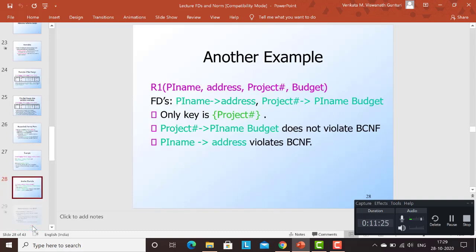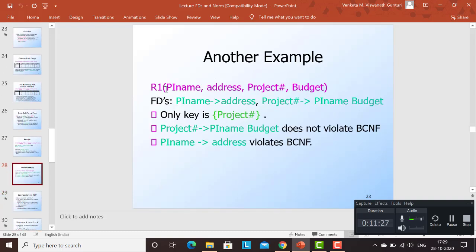If you want another example, let's say this is a relation R1. I have principal investigator name, the address, the project number, and budget. Let's say my FDs are: PI name implies the address, so given the PI name I can determine the address of the person; and given the project number, I can determine the PI who is the principal investigator for that project, and the budget.